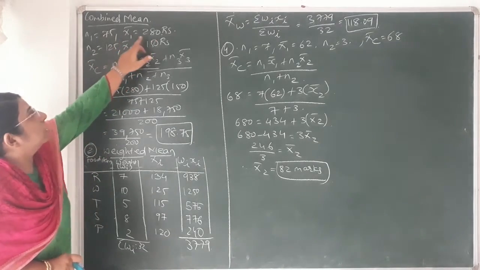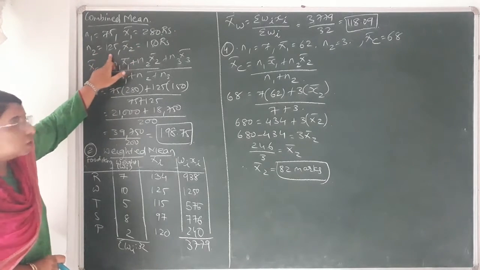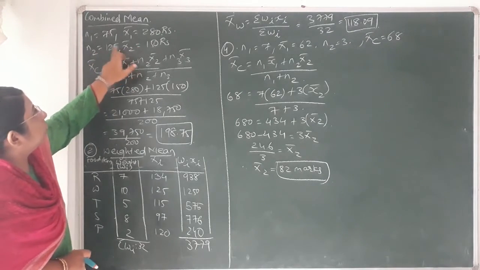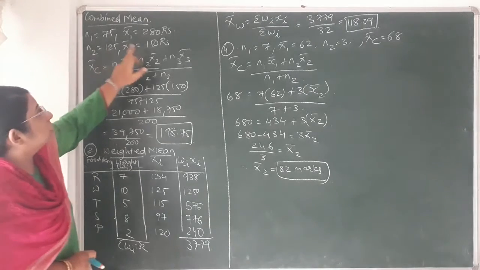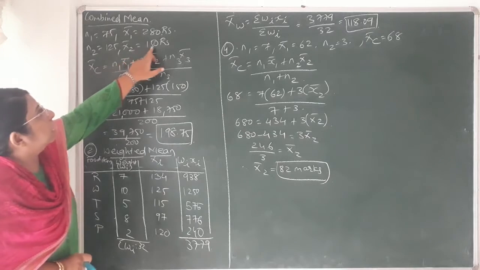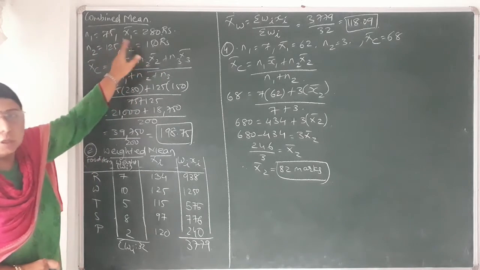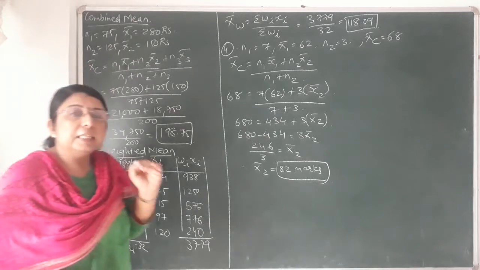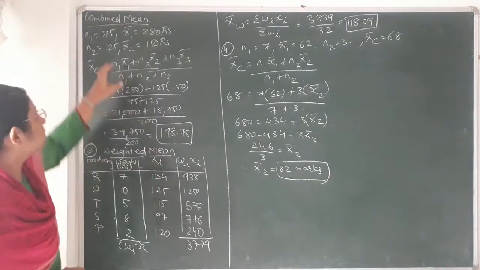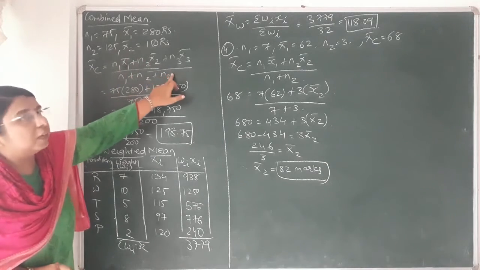The second group is of 125 workers, that is n2, and the mean of those 125 workers is 150 rupees, so x2 bar is 150 rupees. So this much data has been given to you in the question. First of all, whatever data has been given to you in the question, represent it according to the formula, and then apply all the data in the given formula.